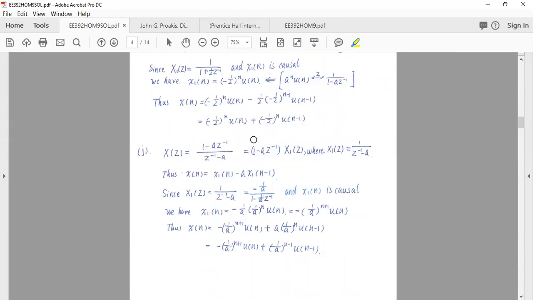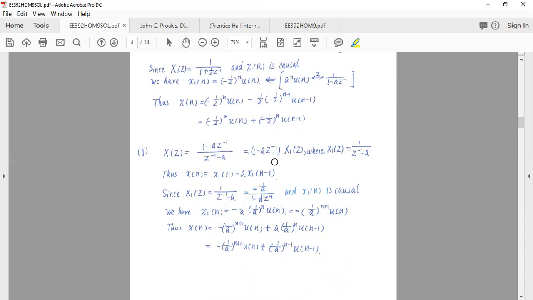We can keep the numerator as it is, and we can substitute x1 of z is equal to 1 upon z to the power of negative 1 minus a. Using this substitution, we can rewrite this particular term as 1 minus a z to the power of negative 1. This is the numerator as it is, and then multiplied by x1 of z. Using this particular substitution, we can rewrite this as this.